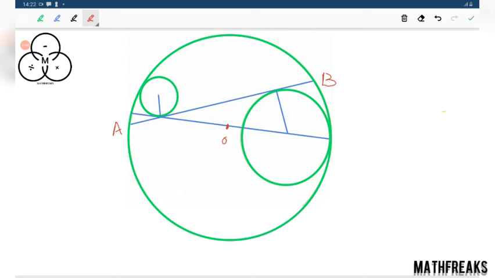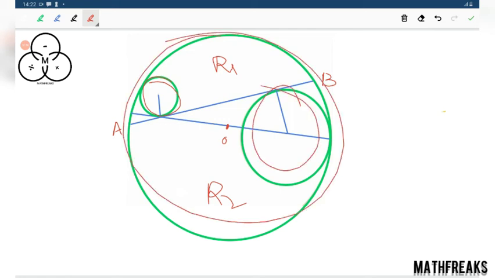This is the diameter, this is region R1, this is region R2. These are the smallest circles. This is the largest circle. This is S1, this is S2.